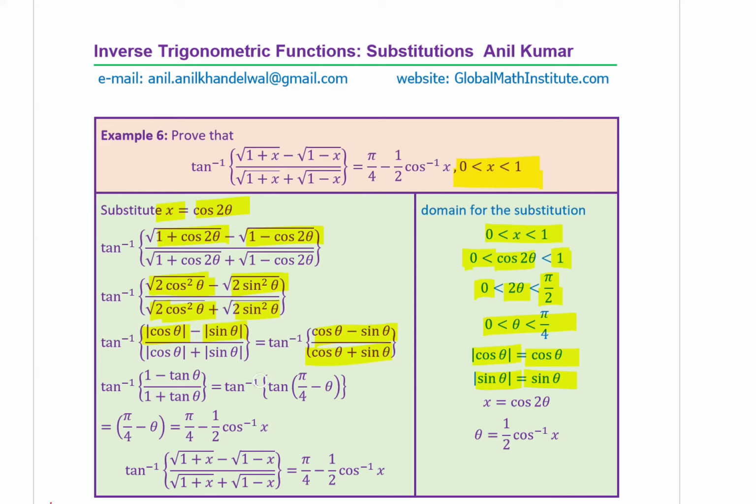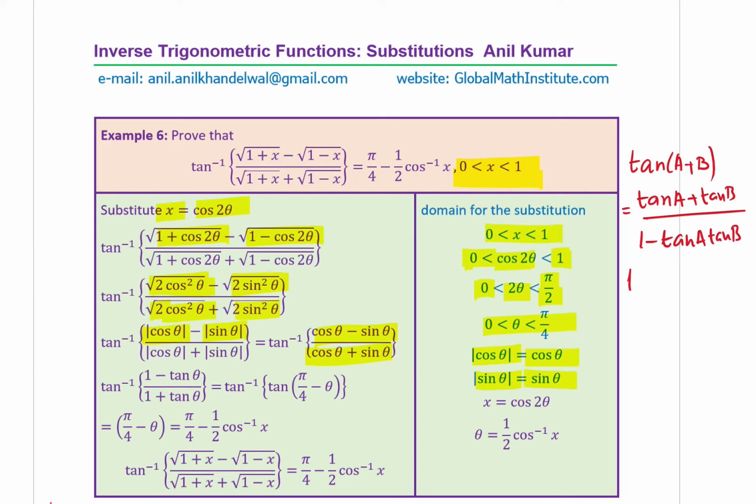So tan inverse now becomes what? Well, you know the tan A plus B formula. From there, we can write this as tan of pi by 4 minus theta. Correct? This is a very critical step, and I hope you remember. Tan A plus B is what? Tan A plus B is (tan A plus tan B) over (1 minus tan A tan B).